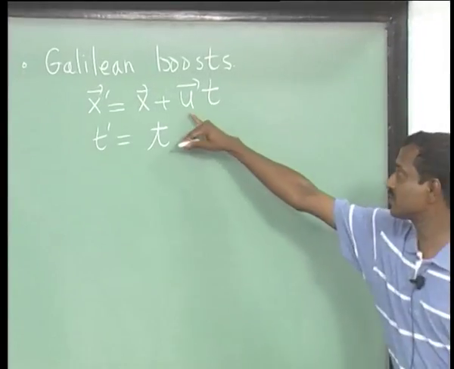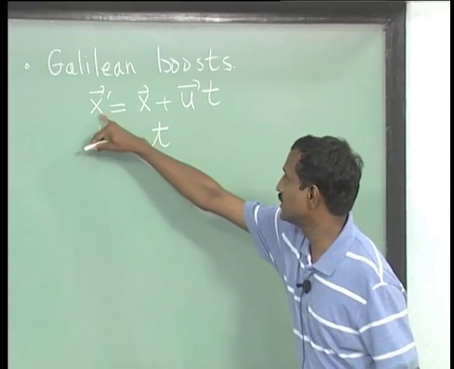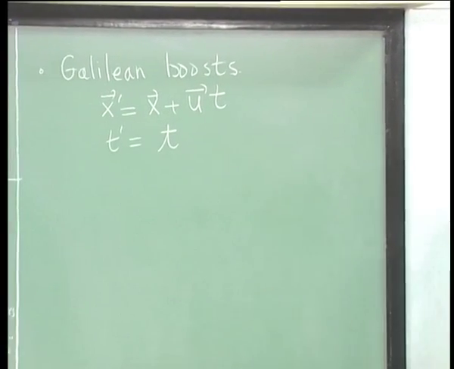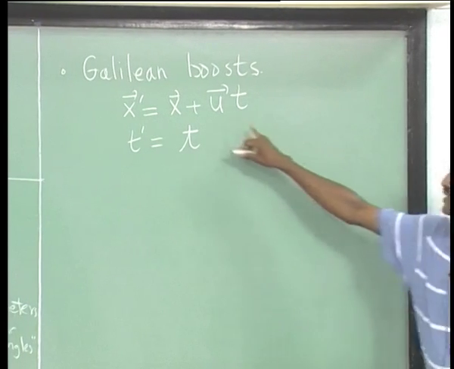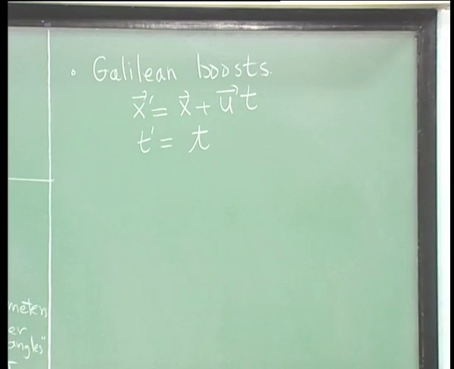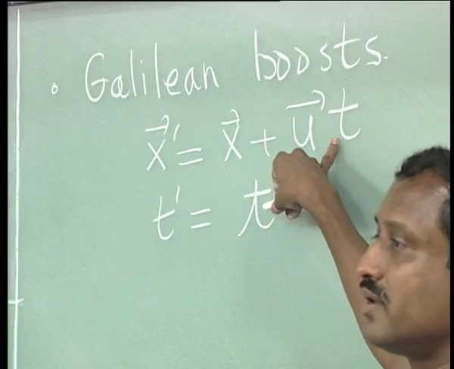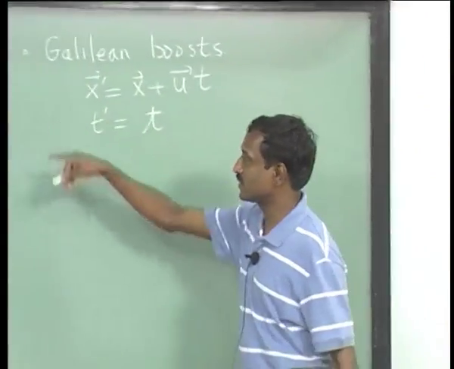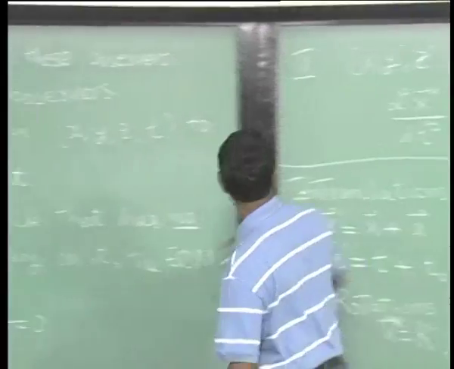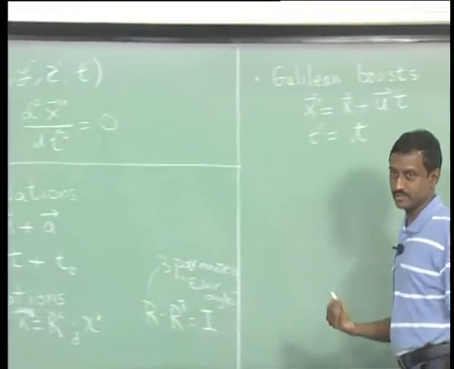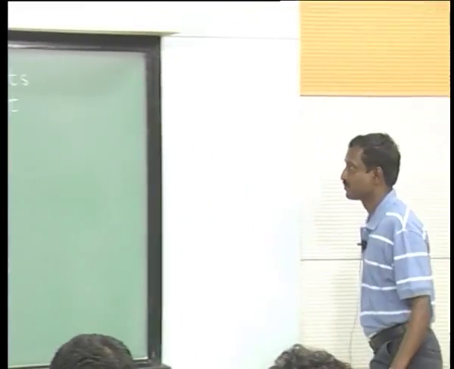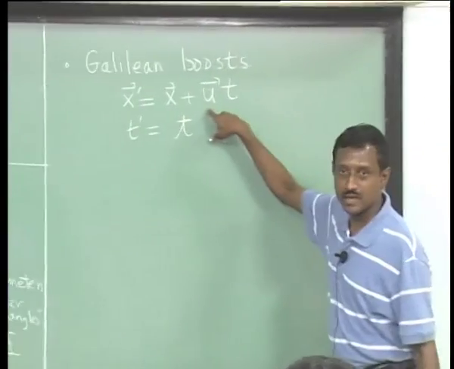Okay, so this just tells you that observer 2 is moving with respect to observer 1 with some constant velocity u. Okay, and it is not hard to check that since this involves two derivatives, it still satisfies this equation. Okay. So now this is again 3 more parameters.